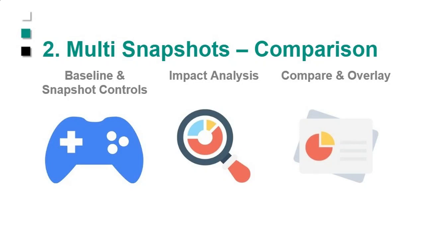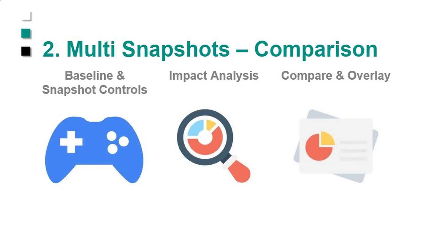Okay, so this allows us to do comparisons. So in P6, you typically can use 2 baselines with your current schedule. With snapshotting, we can use as many snapshots as we want to mix and match and compare. Okay, so it's much more flexible.